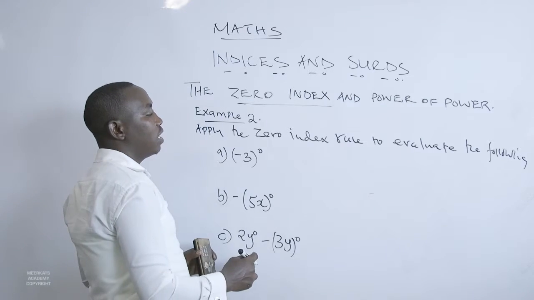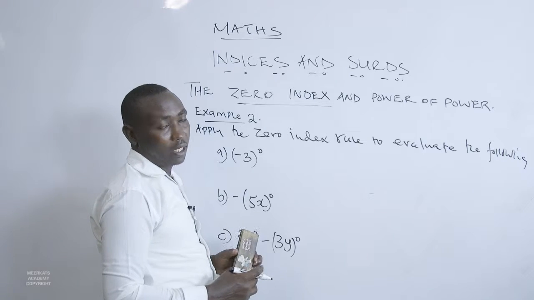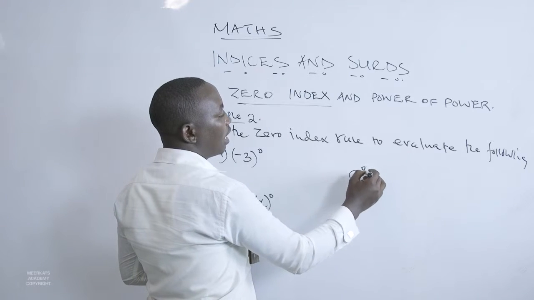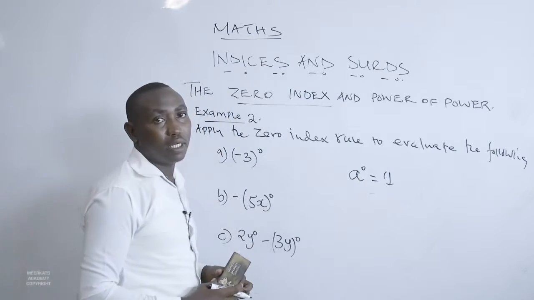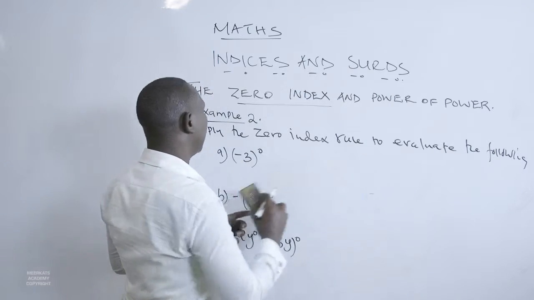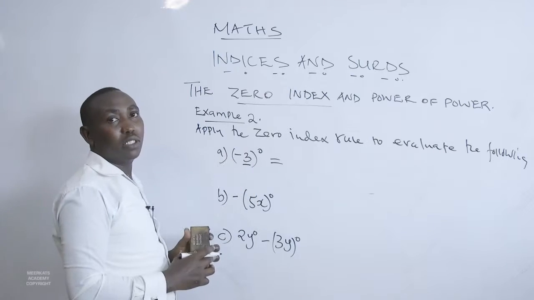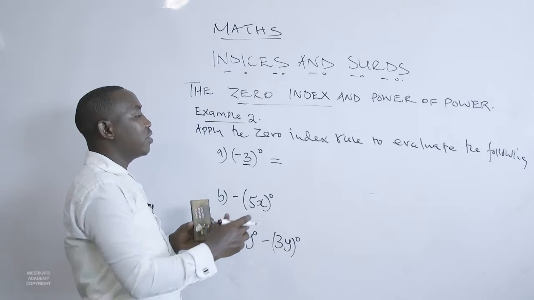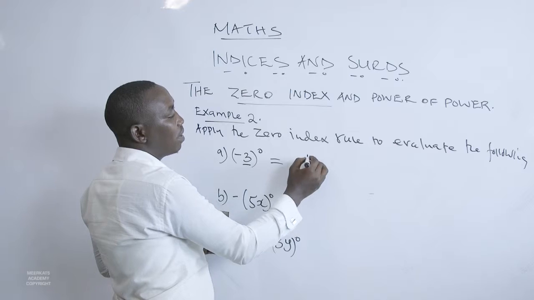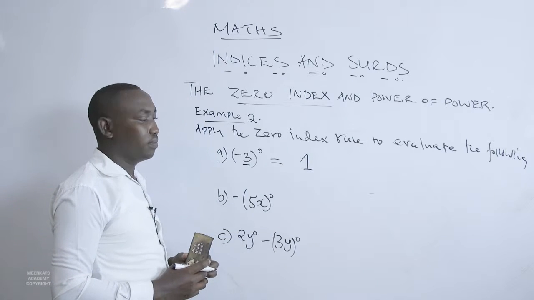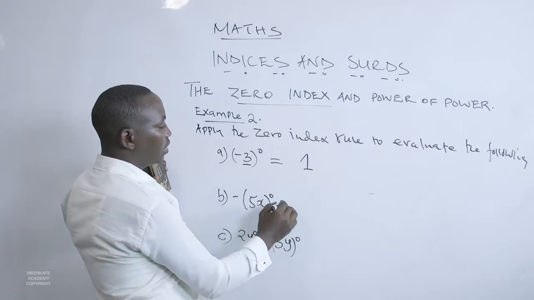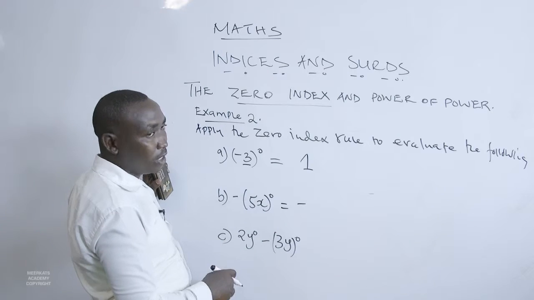Now you can recall that whenever we have the 0 index, any number A raised to 0, the result is 1. So for this first case, we have a number that has been raised to the 0 index. Therefore, the whole of this number will end up becoming 1. For the second case, we have a negative outside.